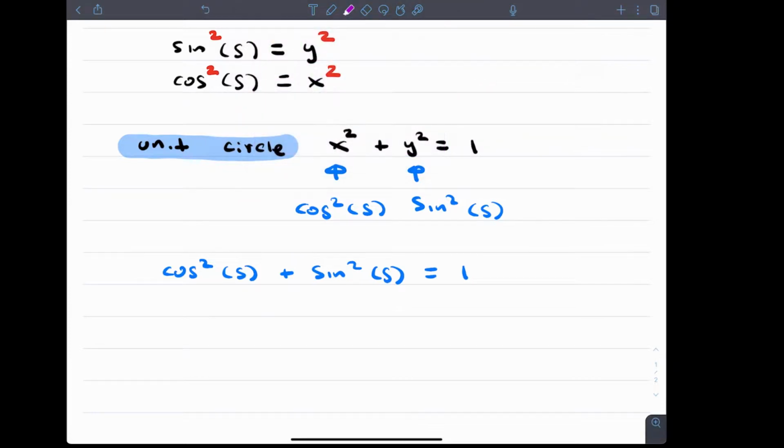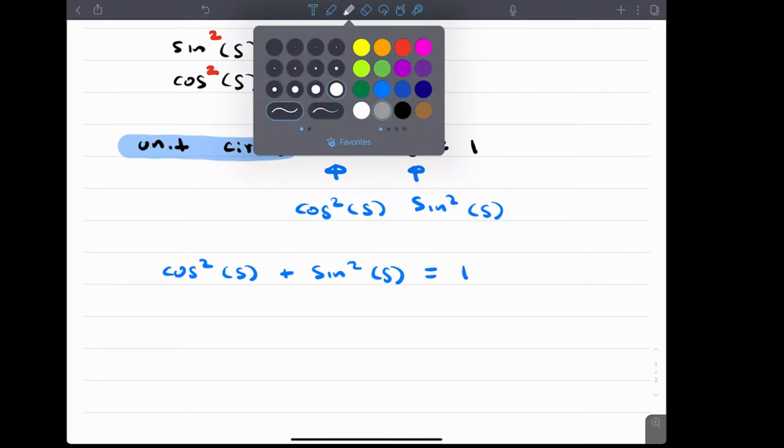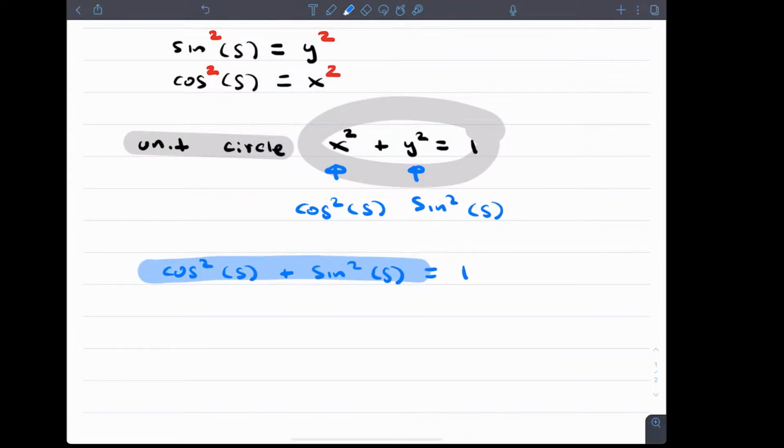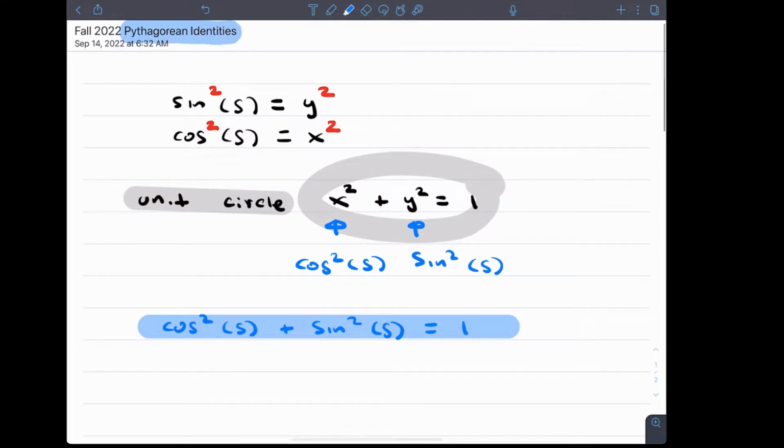Pythagorean identity. We're going to make that purple or something. Maybe gray. Or we just change this color here. We'll make the unit circle gray. We use this equation. And then this is the first Pythagorean identity, ladies and gentlemen.